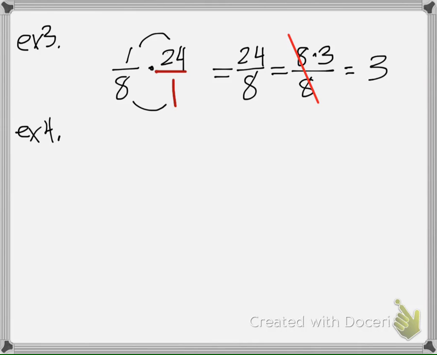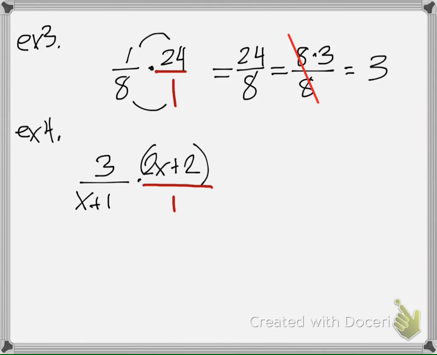Take that same concept, but now throw in some polynomials, such as 3 over x plus 1 times 2x plus 2. Just like the previous example, you need to remember you need to take that guy and put it over 1. You now have 2 numerators and 2 denominators.